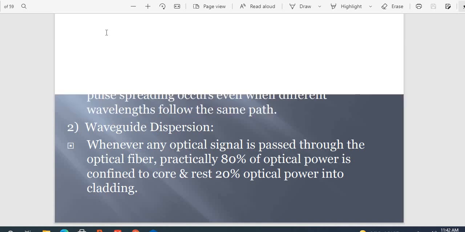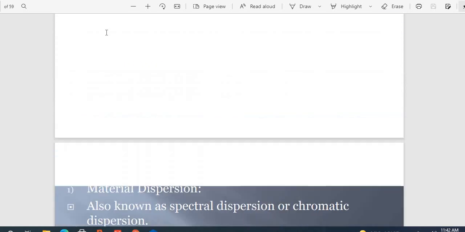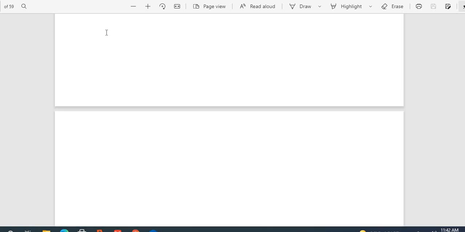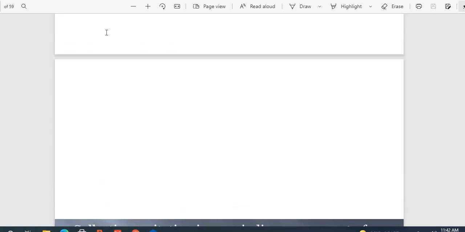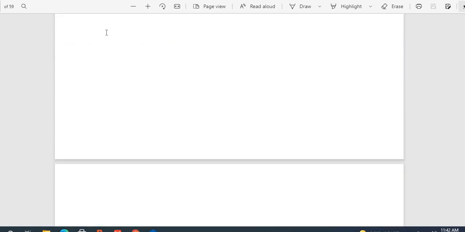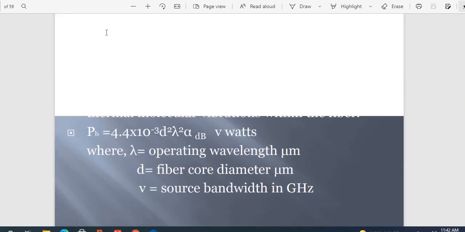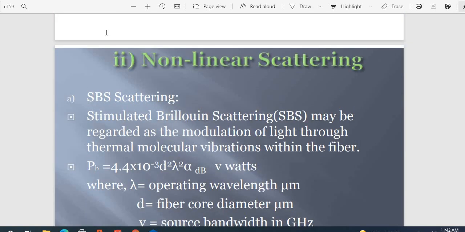So now students, till now we covered the losses because of dispersion, losses because of scattering, losses because of bending, and losses due to variation in the material, in the excitation methods, and in the directional method. Because of all these parameters, you may get losses, and you understand about SBS as well as SRS.